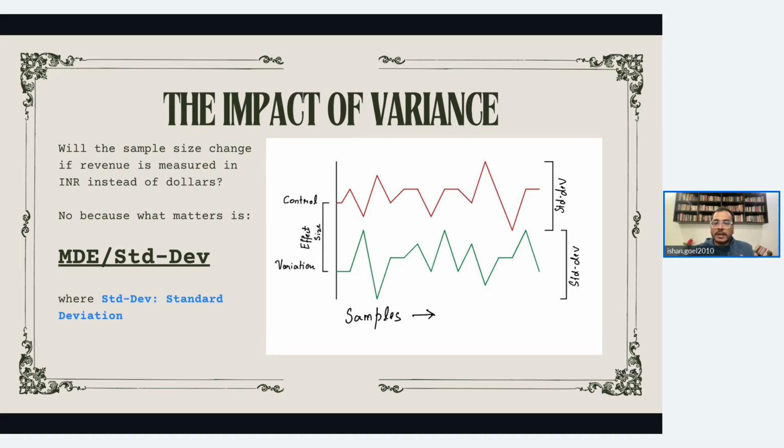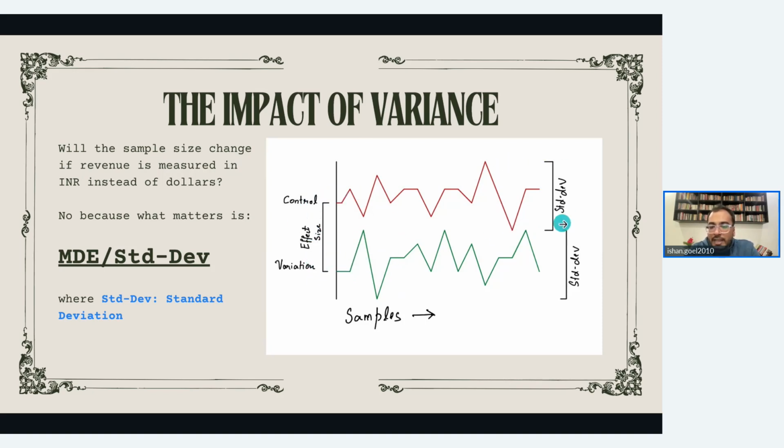What I'm trying to highlight here, if you see in this picture, is that we have two series which represent samples, one for control and one for variation. The green one is for variation and the red one is for control. The height represents the average value. The gap between control and variation is the effect size.